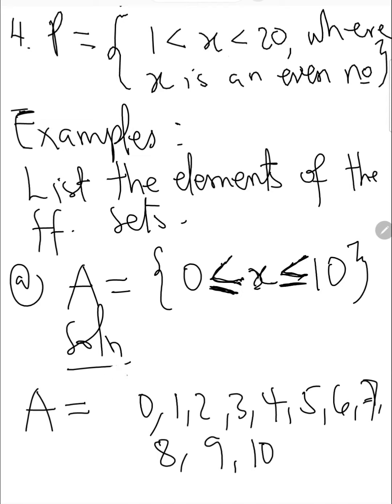Can I add 11? No, because 11 doesn't fall within the range. 11 falls outside the range. In the same way, I can't add negative numbers. What it means is that the least should be 0, the most should be 10.